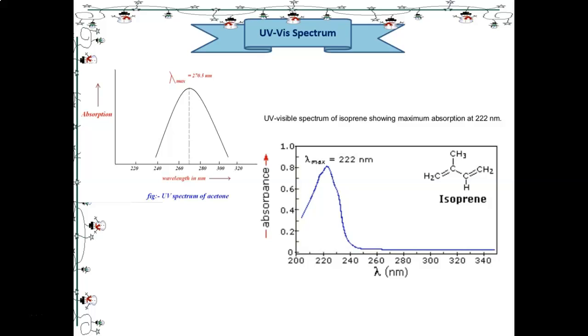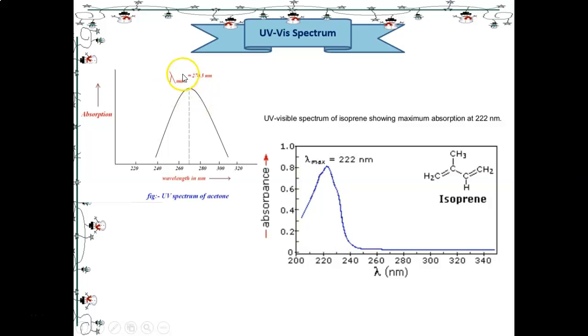Now we look at the spectrum. The y-axis is the absorbance, denoted by A, and the x-axis is the wavelength, lambda, in nanometers, times 10 to the power of -9.